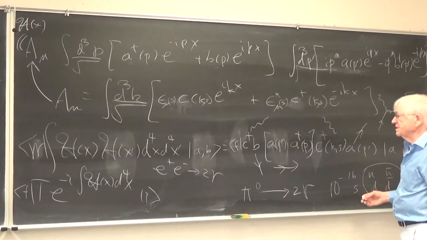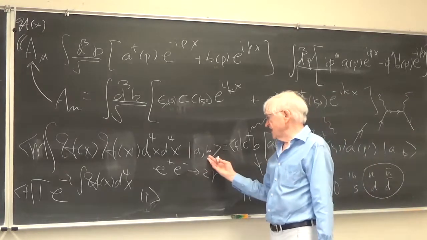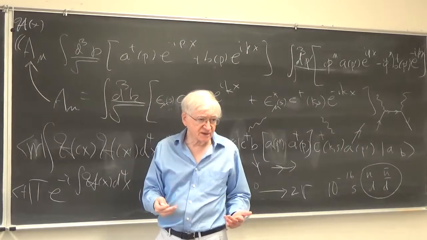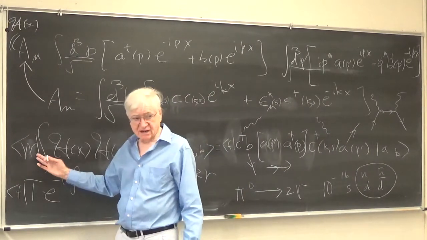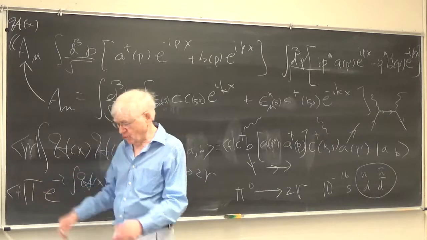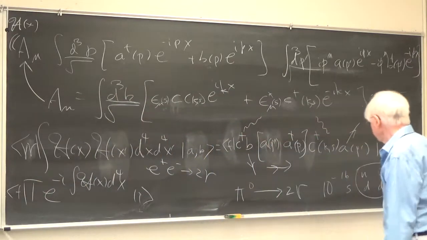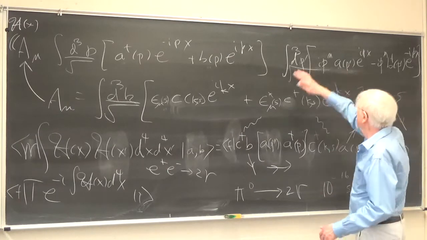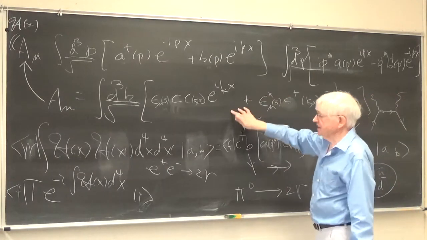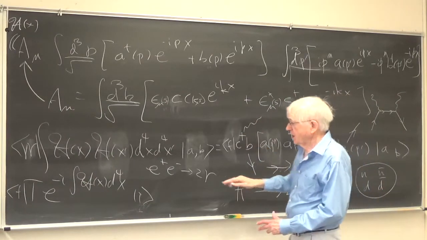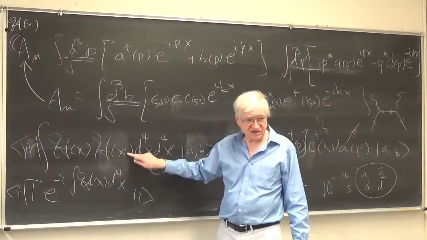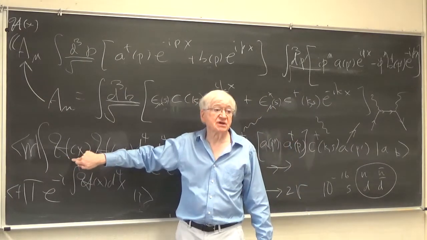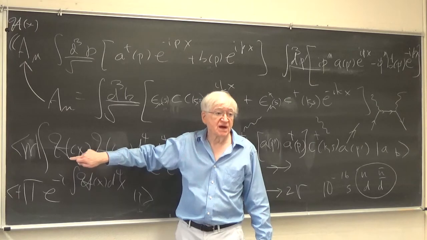when you have them between an initial state of a particle and an antiparticle of each of a particular momentum, and then you have a state of two photons, each of a particular momentum in the final state, you can pick out of this product of 2 times 2 times 2, or eight terms, 8 different terms in H of x, and another 8 in H of x prime.